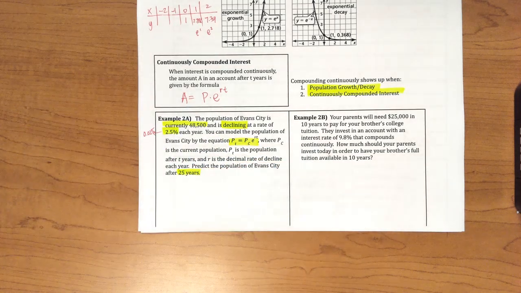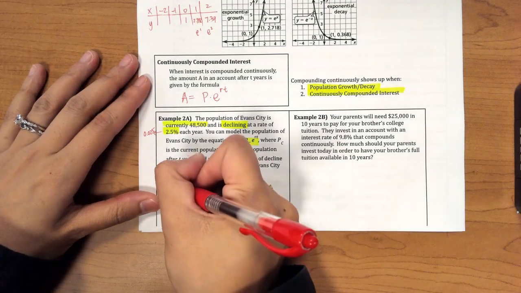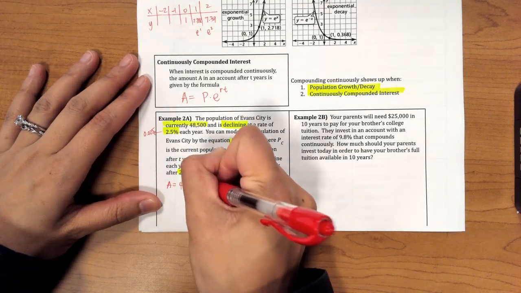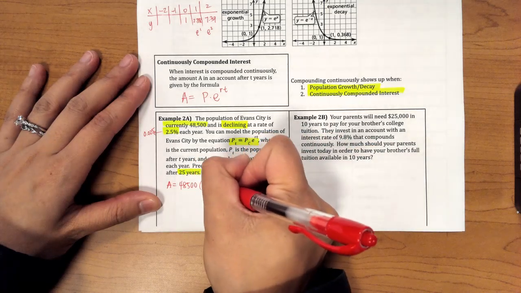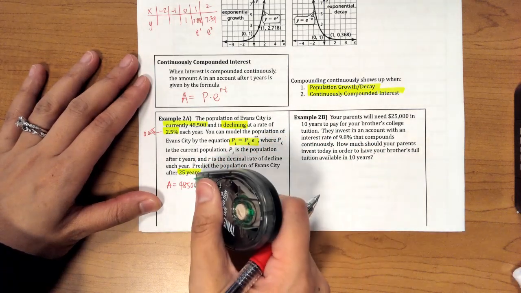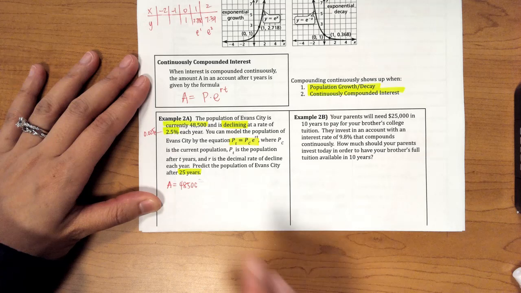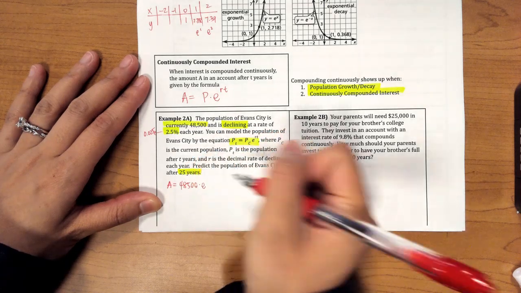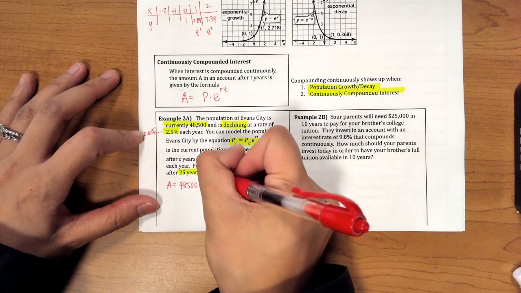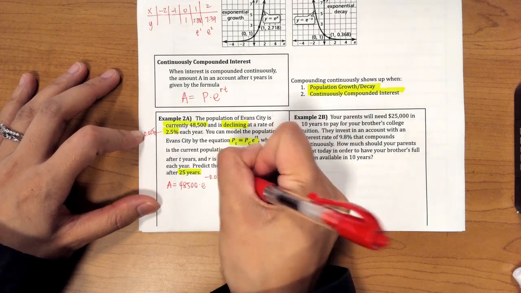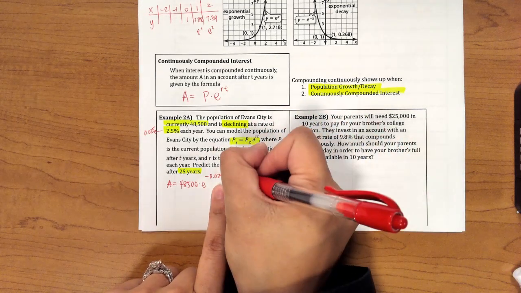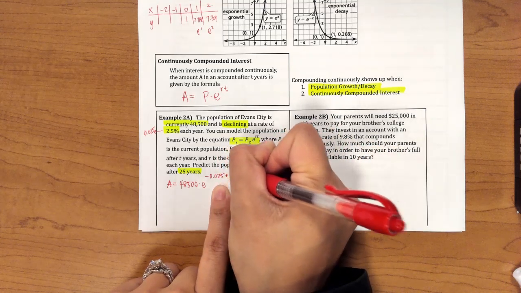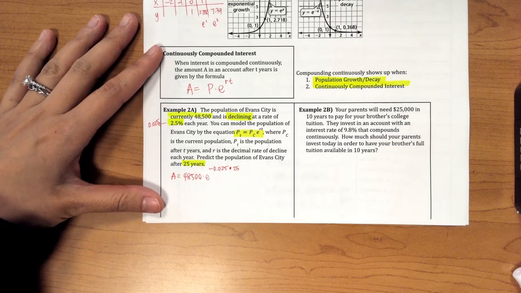So we're going to plug things in just like we did before. We have starting with 48,500, no 1 plus. It's a population problem, so now we're going to use e to the power of negative 0.025 because it's declining, and then times 25.